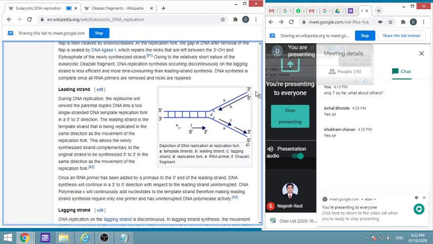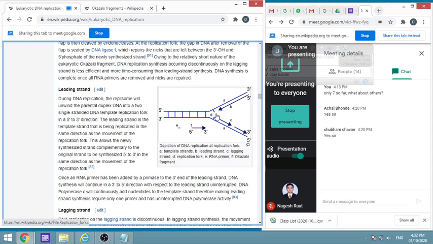So it is a continuous strand used 5' to 3', while in the other case Okazaki fragments are formed in the lagging strand. This newly synthesized DNA strand becomes complementary to the original strand, and is synthesized in the same direction, 5' to 3'.